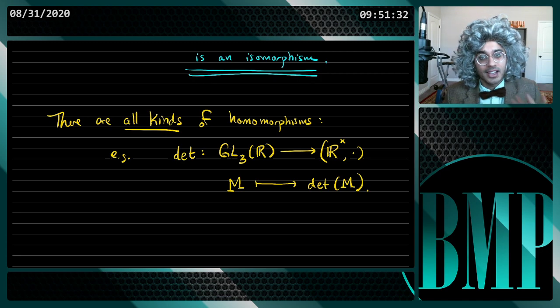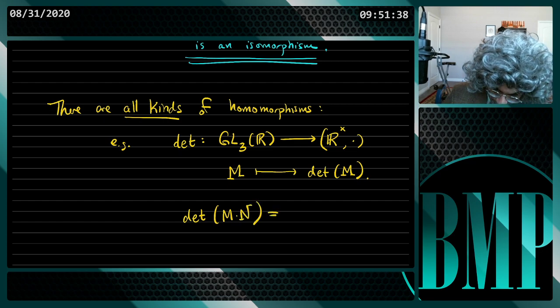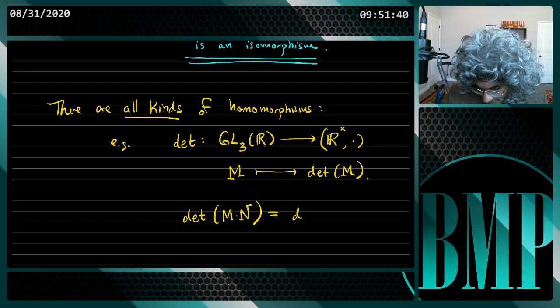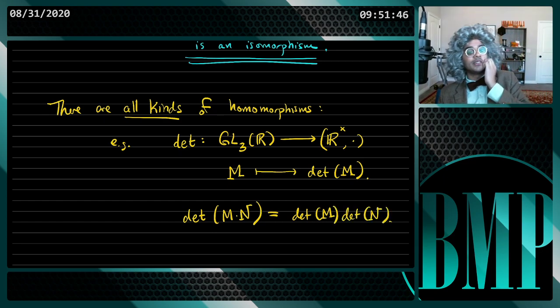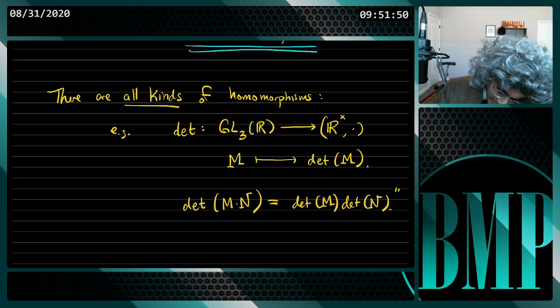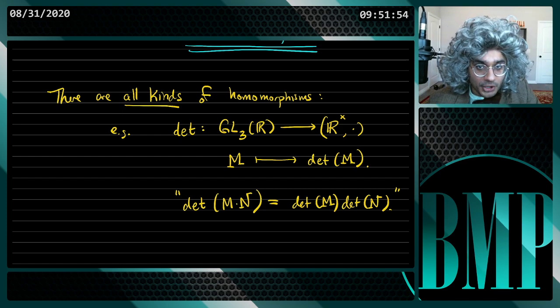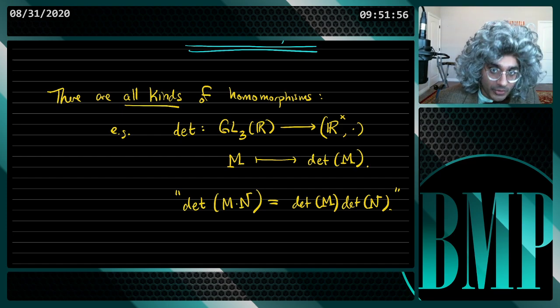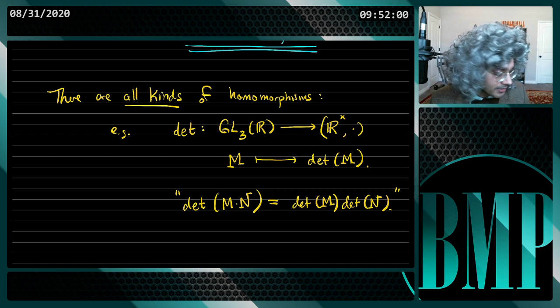And what we're saying is that the determinant of the product of two matrices was, by a massive algebra calculation, miraculously the determinant of M times the determinant of N. This formula is saying that the determinant operation is a homomorphism from the matrices to the non-zero numbers.